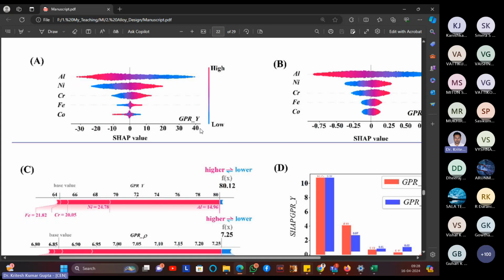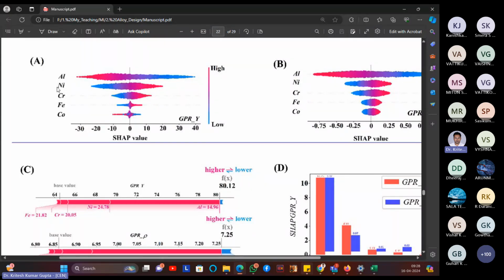Since our objective was to maximize Y, a lower value of aluminum concentration has a positive SHAP value, meaning it has a positive influence on Y. Whereas a higher value of aluminum concentration has a negative SHAP value, which means it has a negative influence on the response Y. The same interpretation can be obtained for nickel as well.